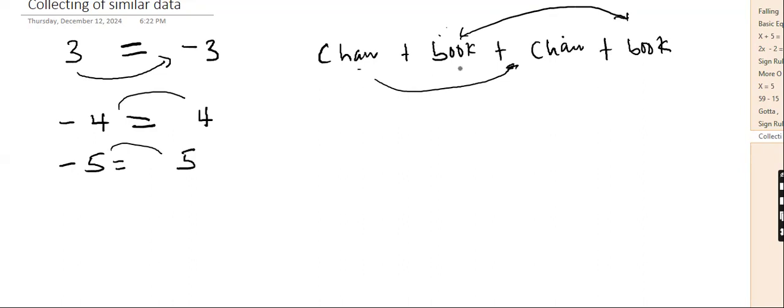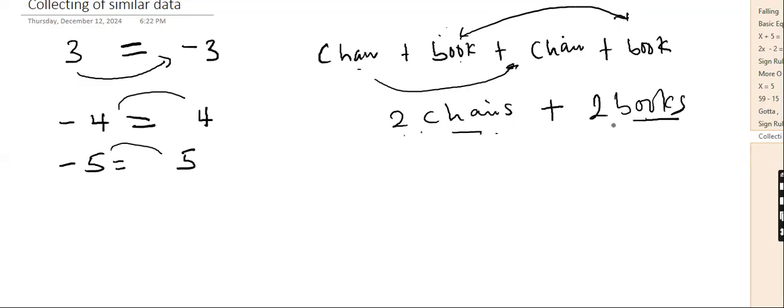So if I add a chair and a chair together, I'm going to get 2 chairs, right? And if I add the book and the book together, I'm going to get 2 books. So what this means is that I have 2 chairs and 2 books. So 'and' is the plus. So I can say 2 chairs and 2 books. Now I can't possibly be adding a chair and a book together because they are not of the same data.